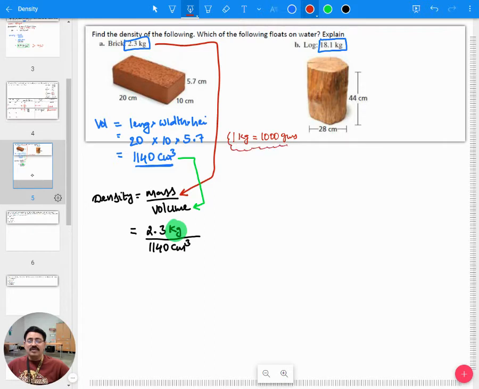Please remember this one. It is not 100, it is 1,000 grams. So 2.3 kilograms means in the place of kilogram, I have to take 1,000 grams and multiply. So 2.3 times 1,000 is 2,300.